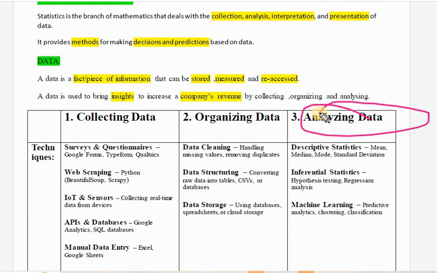While analyzing data, we have descriptive statistics, inferential statistics, and machine learning. Machine learning is completely separate, and this is related to statistics when analyzing the data. We will apply a few statistics methods like mean, median, mode, and standard deviation. We will be studying these things in the upcoming videos, no worries.